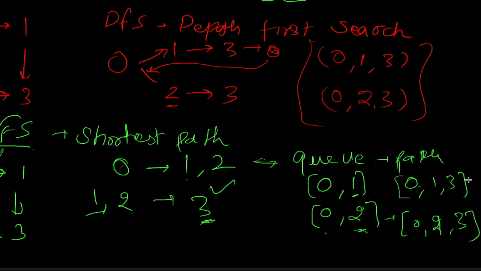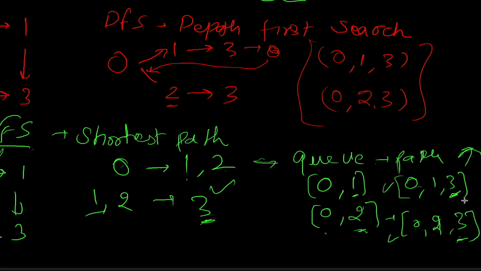Now I will pop both of the items from the queue in the next iteration, and I would see, okay, the last item is 3, which is my destination. So I would simply append all of the output into the output list. So that is how it will work.